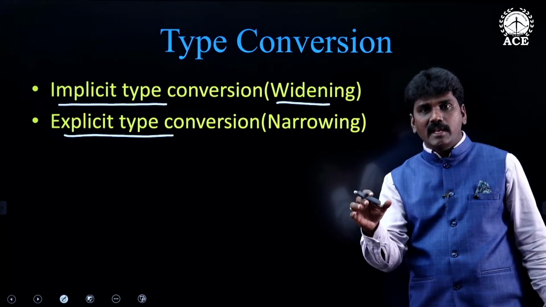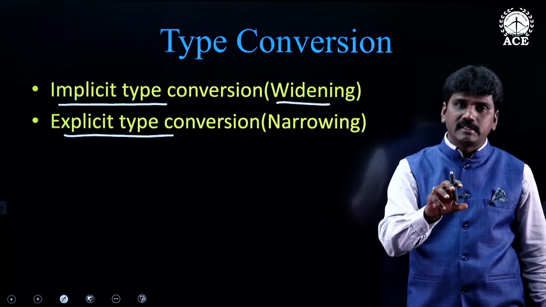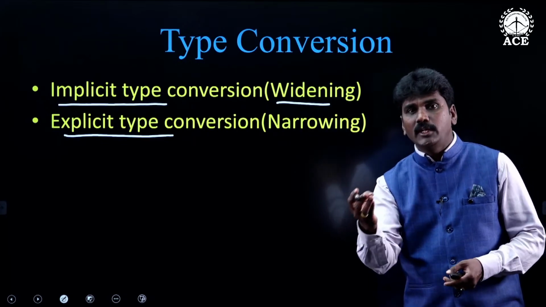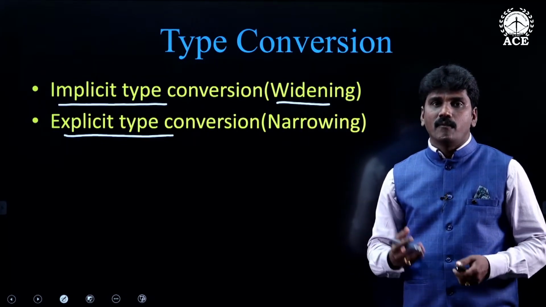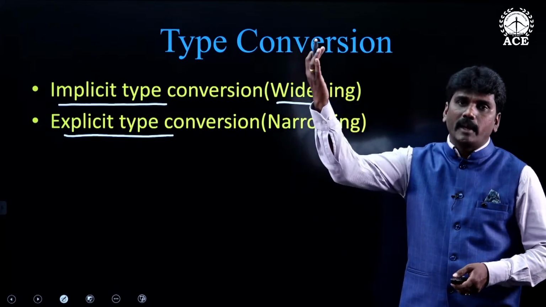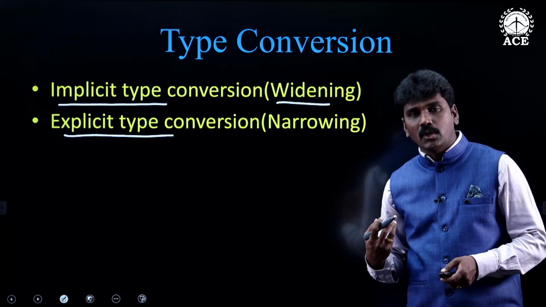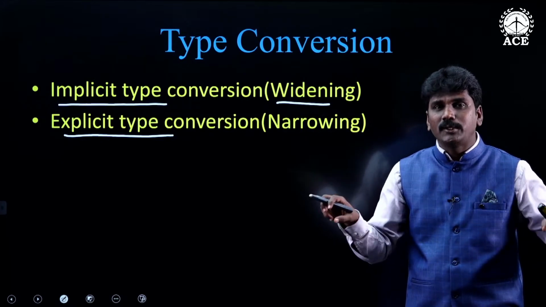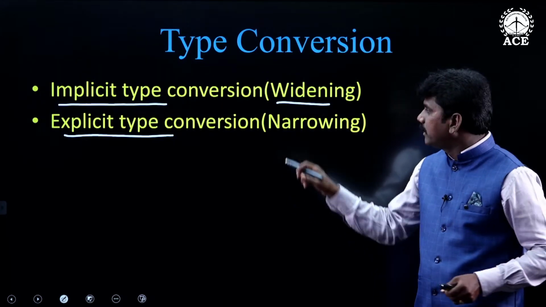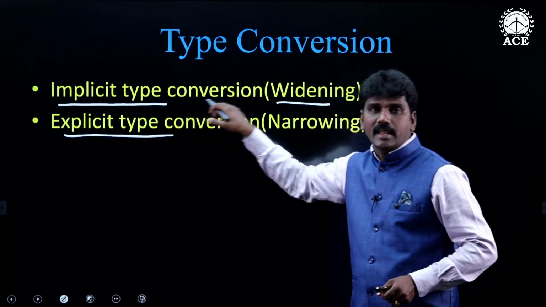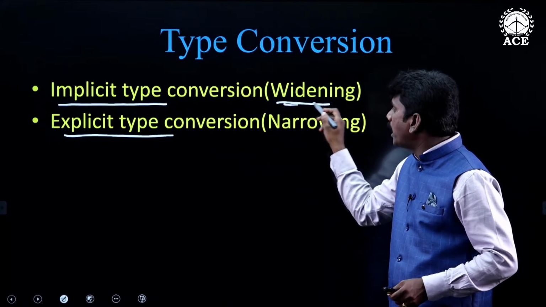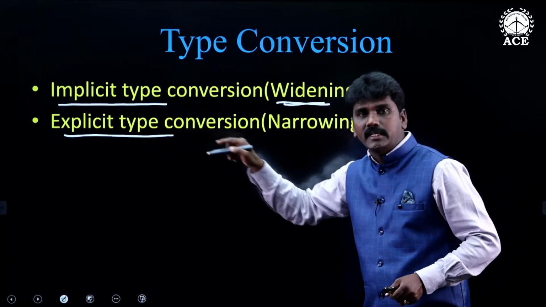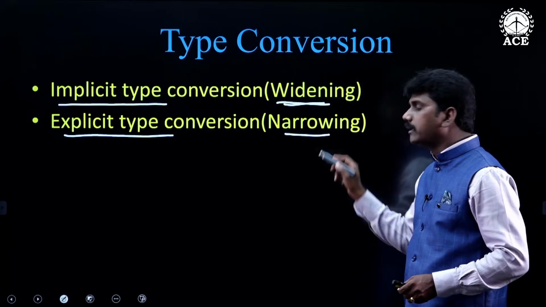So byte value we are storing in integer, means byte needs only 1 byte of size, whereas integer is having 4 bytes. But we would like to store 1 byte in 4 bytes. That's why the size is going to be widened. That is nothing but the implicit type conversion follows widening, whereas explicit type conversion is narrowing.